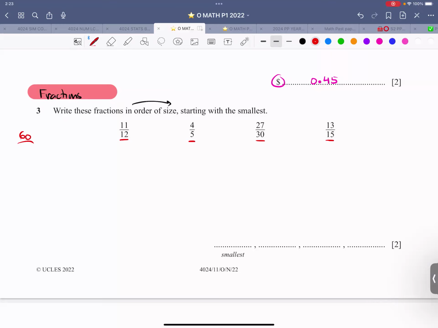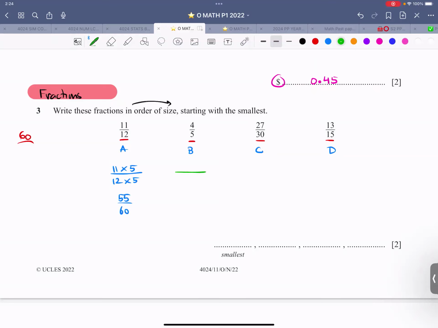So first of all, let me label them by name. This is A, this is B, this is C, this is D. So 12 into 5 is 60. So I write 12 into 5 in the denominator, and 11 into 5 in the numerator. That is 55 over 60.